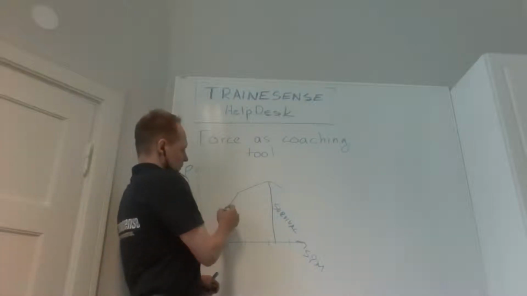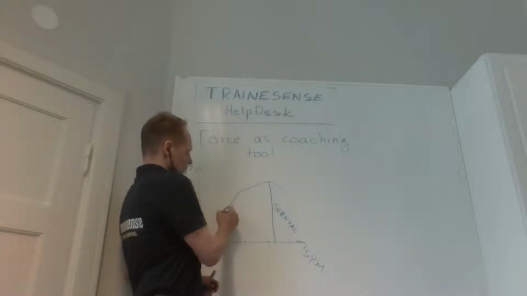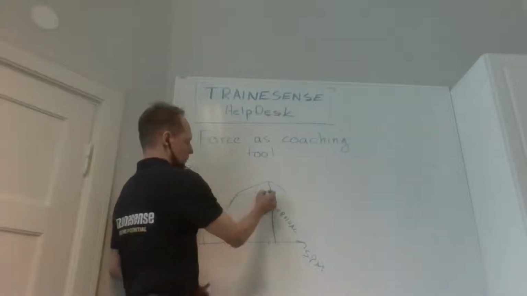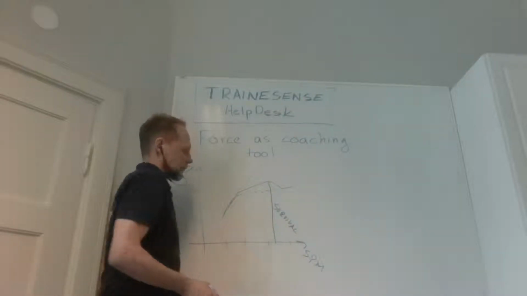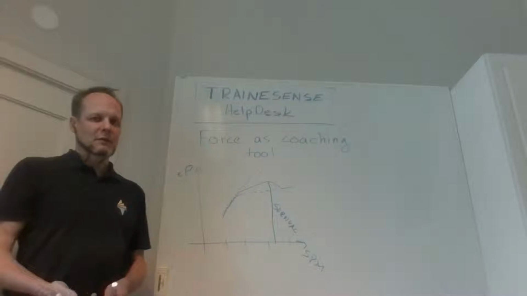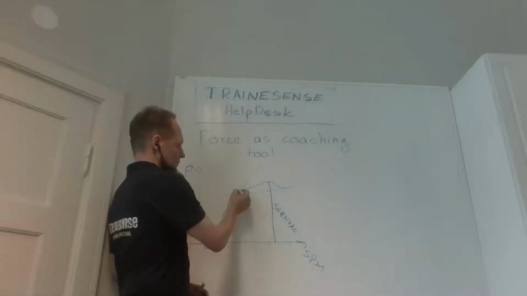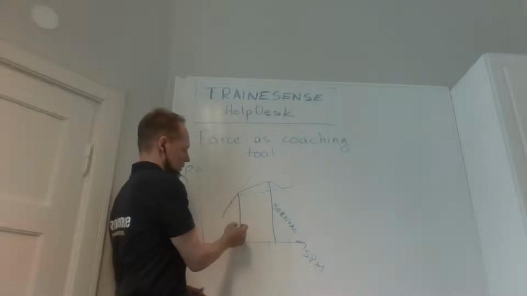Another thing that can be done with the SmartPaddle is to make visible what happens with the left and the right hand. In many cases it looks like this, that none of the swimmers is symmetric, and it makes visible the other threshold value, which is the control limit.